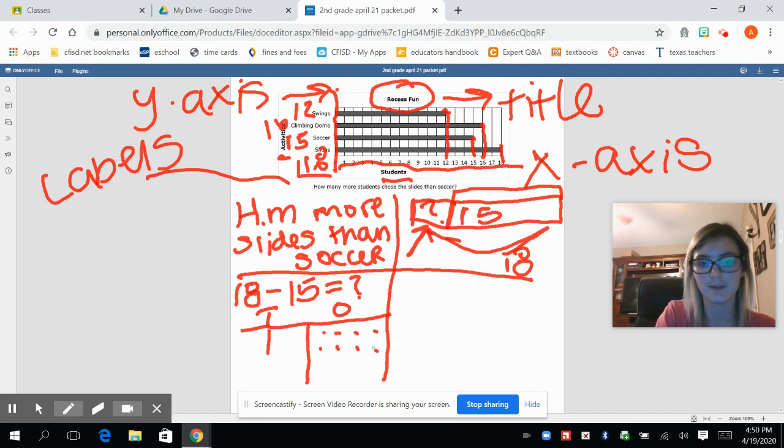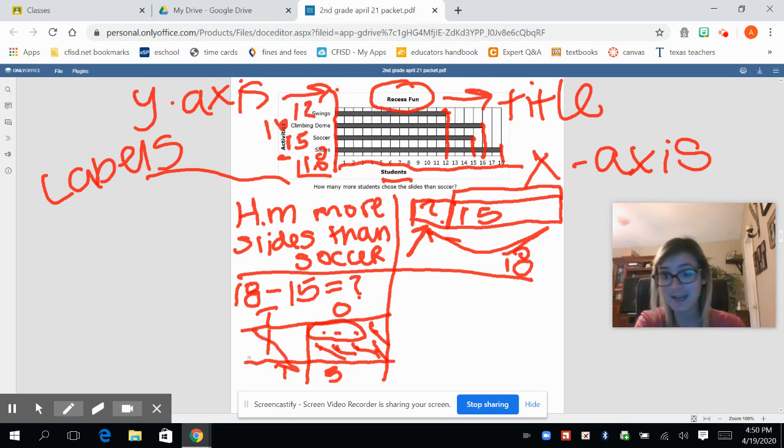And let's do our subtrahend. We're taking only 15. So we have more than enough over here to take away 5. 1, 2, 3, 4, 5. That leaves us with 3. And then we're going to take away 1, which leaves us with nothing in the tens box. That means there's only 3 students. 3 more students chose the slides than soccer.